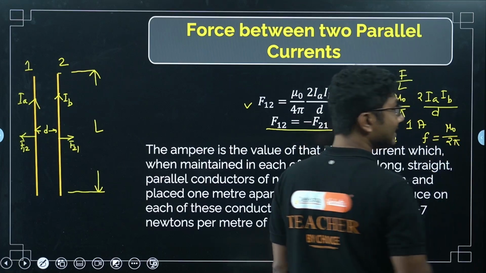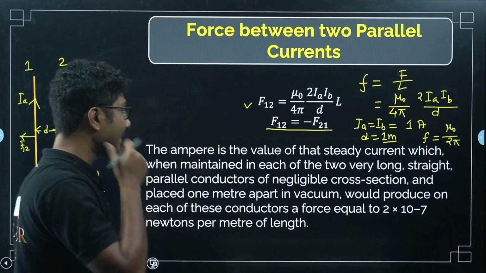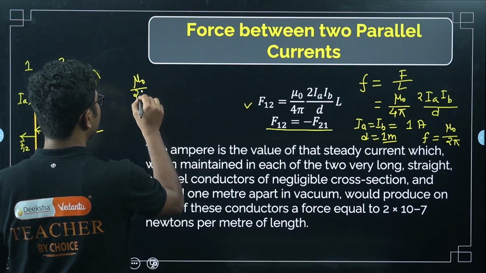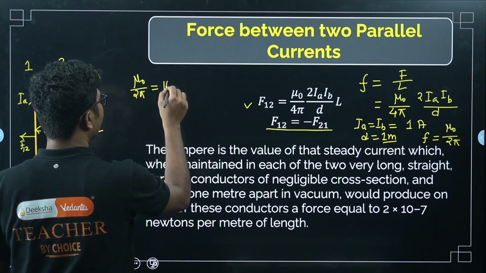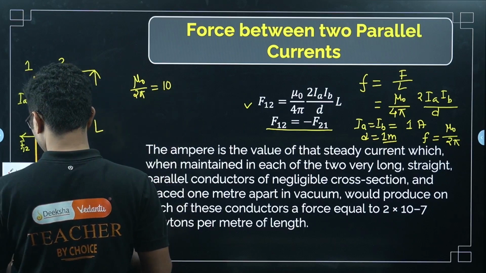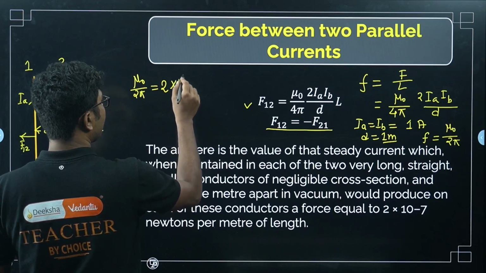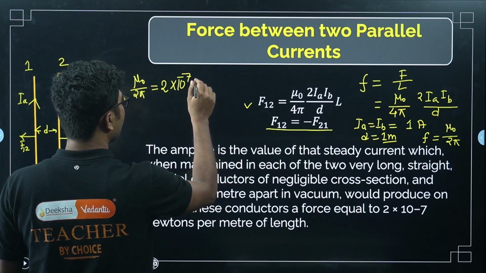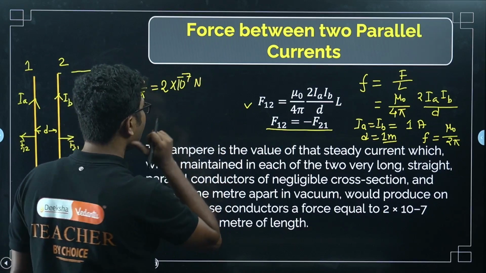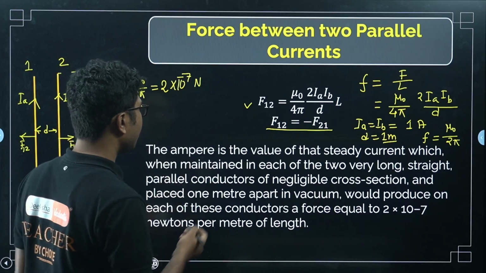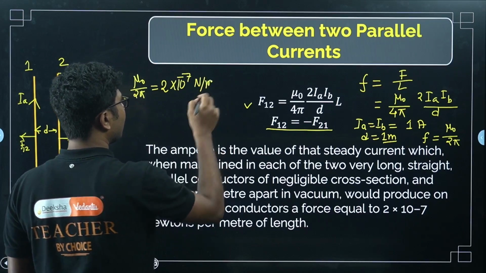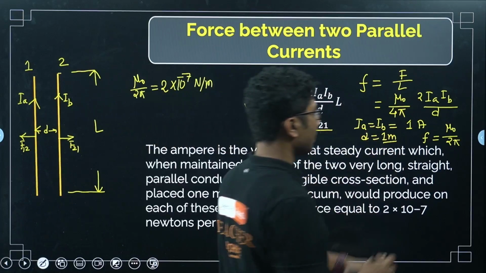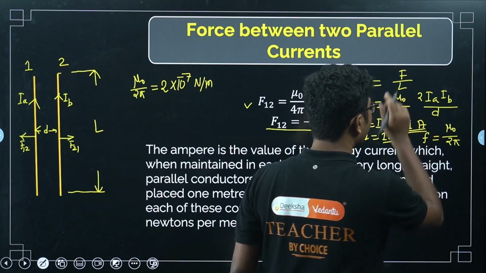Mu naught by 4 pi is 10 to the power of minus 7, so mu naught by 2 pi is basically 2 times 10 to the power of minus 7, right? And since it is a force per length, the unit is Newton per meter. Now we can define ampere from this.